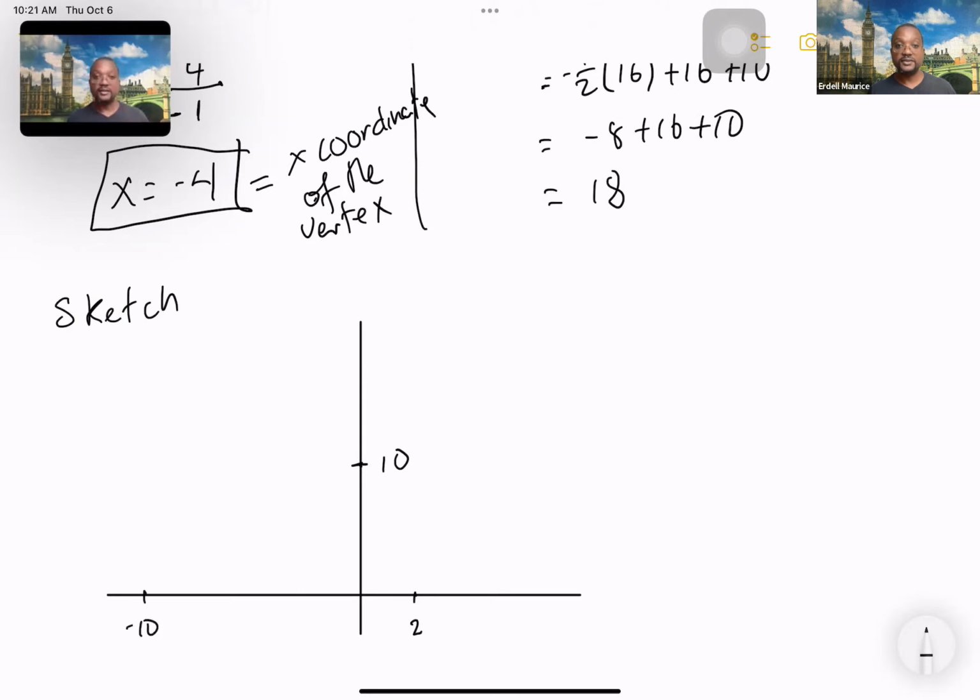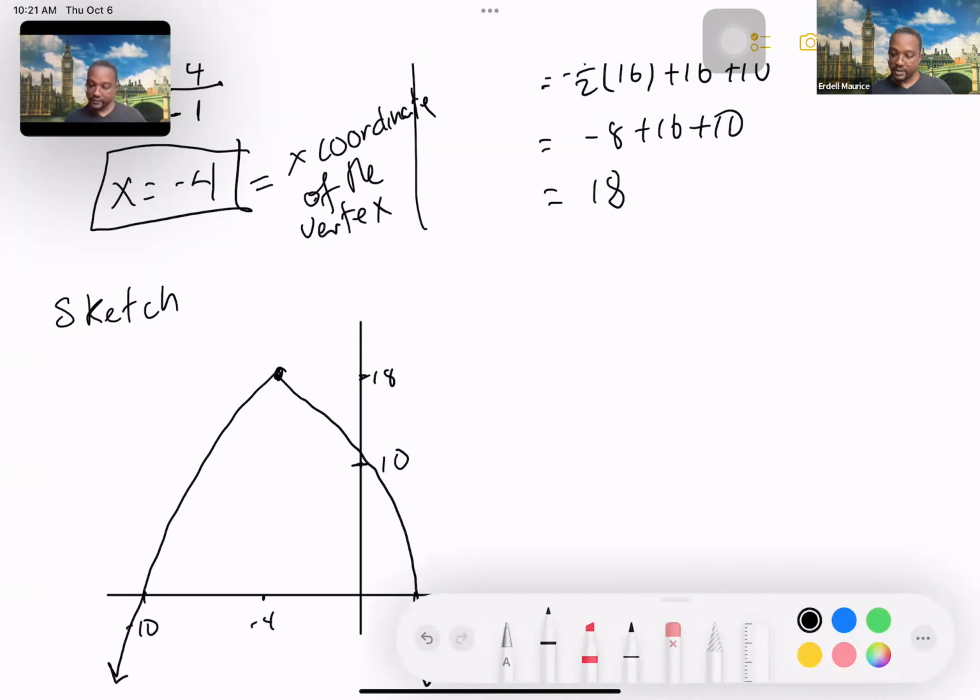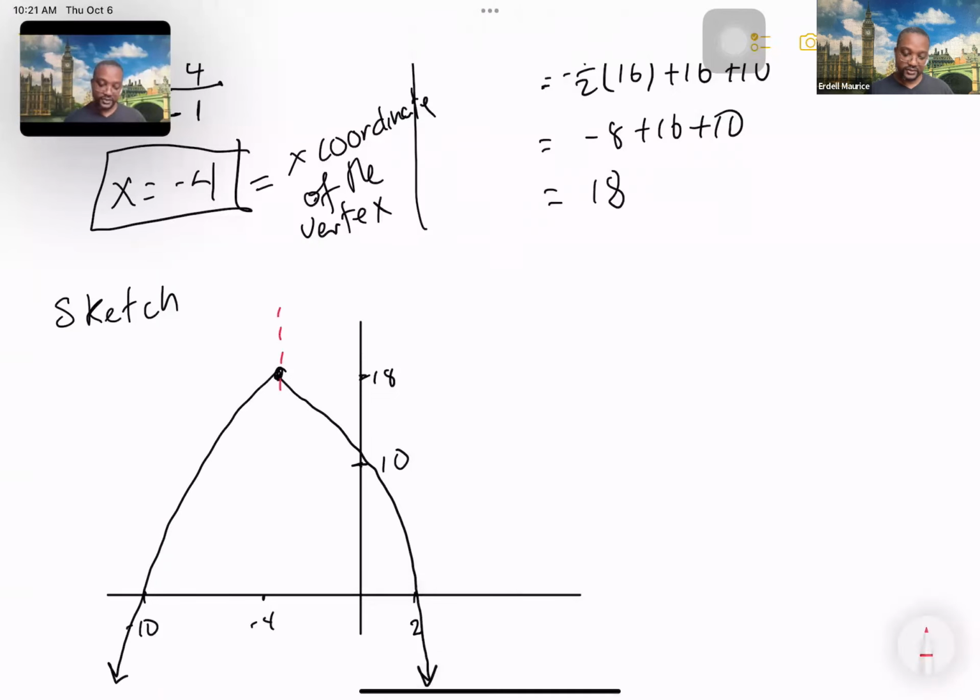And I know that the vertex is at negative 4, 18. And I know the graph opens downwards. So this right here will be the graph of the function. And of course, the axis of symmetry is going to come right down the middle. x equals negative 4, axis of symmetry.